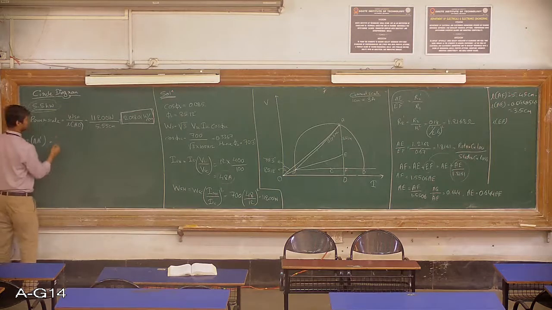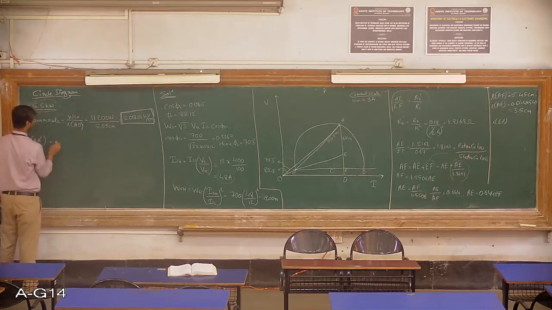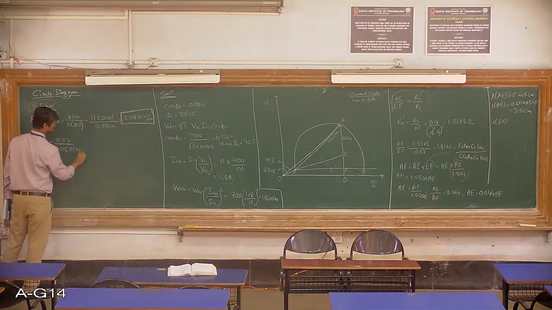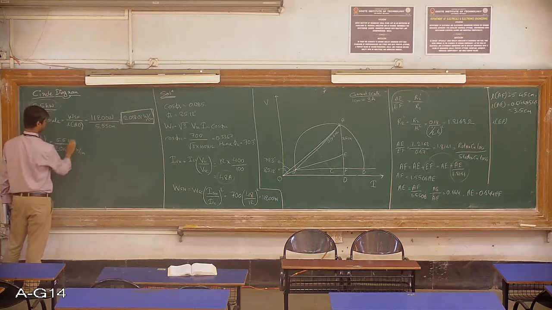We are going to calculate that now. The length of AA dash is 5.5 kilowatt divided by the power scale, 2018.01 watts per centimeter.